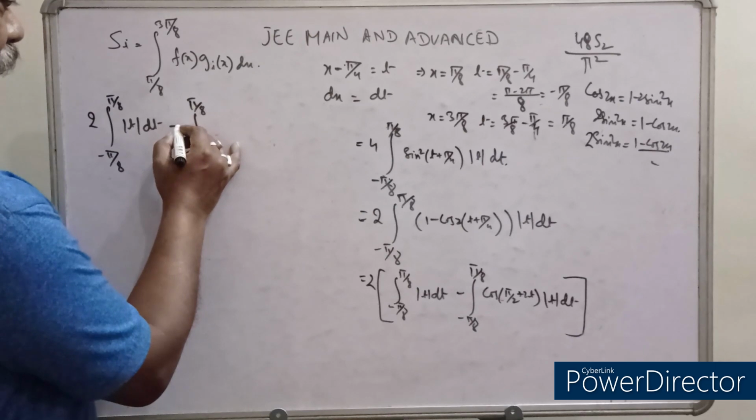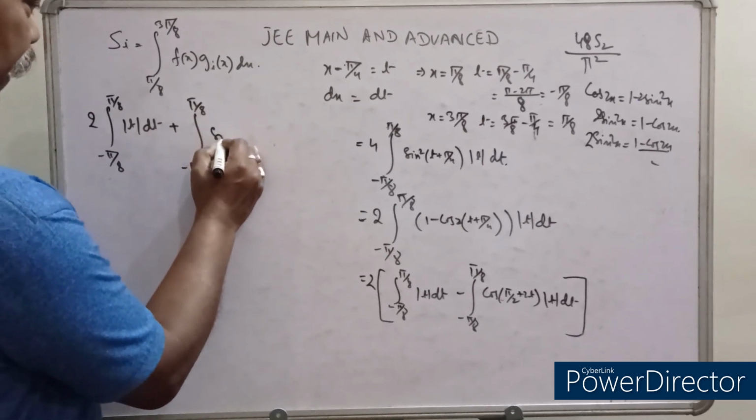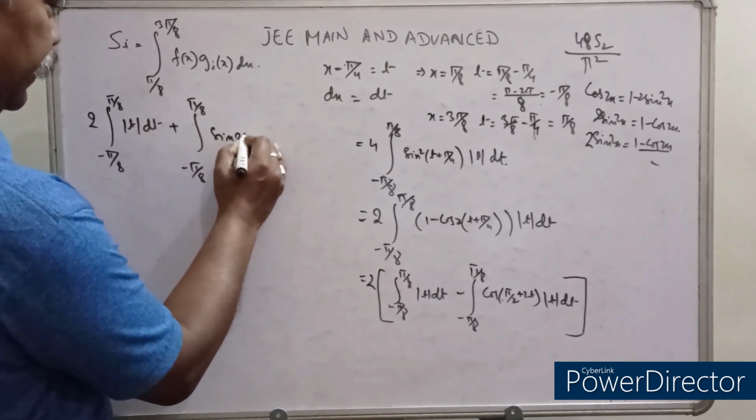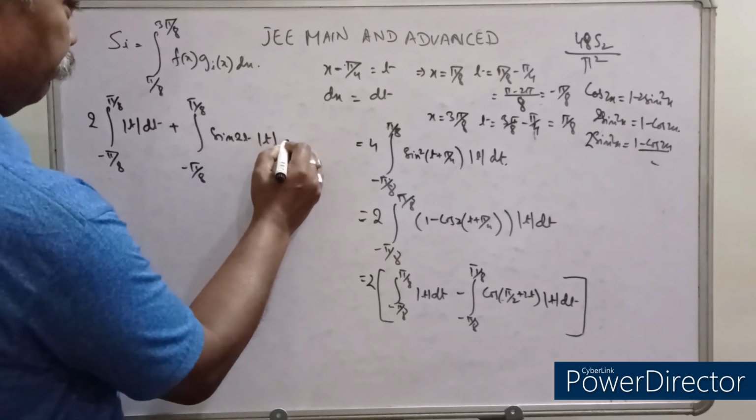So minus minus, this will be plus sine 2t modulus t dt.